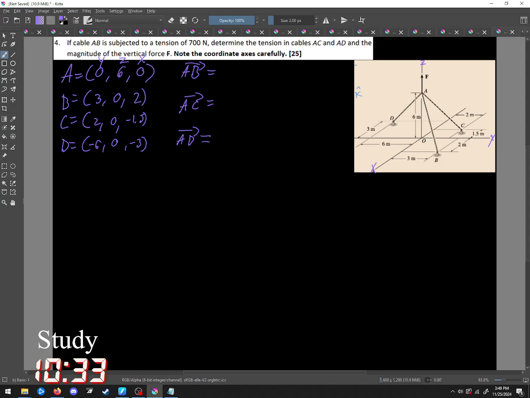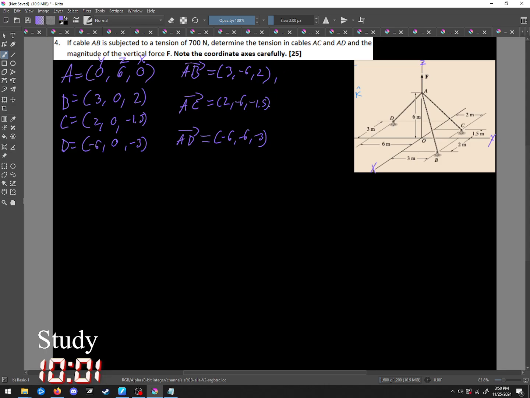Vector AD is going to be -6, -6, -3. AC is going to be 2, -6, -1.5. And AB is going to be 3, -6, 2.